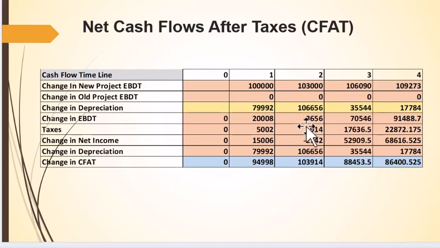Now we have a negative change this year. That's okay. Then we have 70,000 and then 91,000. You calculate the taxes, which gives us our net income. Now we have our change in depreciation. We want to add depreciation back to our net income. That will then give us our change in cash flows after taxes. So again, here is the beginning part of the cash flows for this particular project.